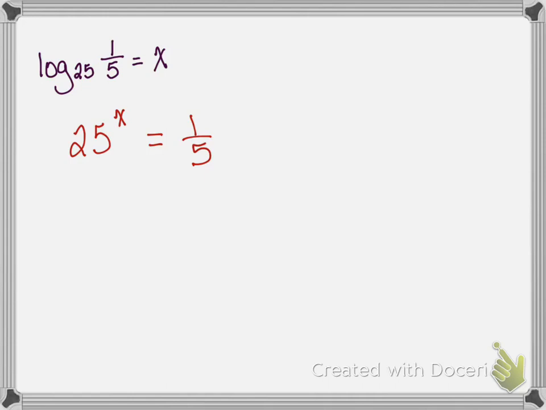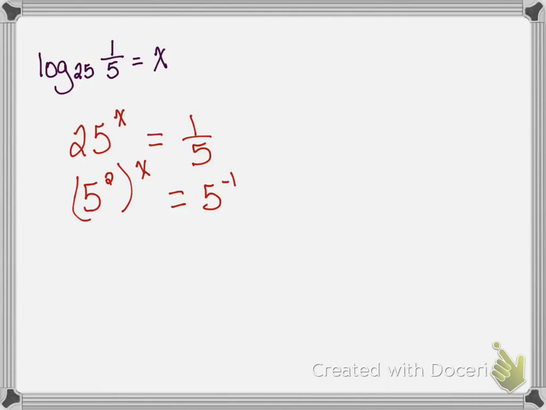Okay? Now, what I'm going to do first here is I'm going to take 25 and rewrite that as 5 squared. And 5 squared is raised to what power? X. Okay? Can I rewrite 1/5 as 5 to the negative 1 power? Yes, I can. 5 to the second power raised to the x power means I have to multiply that 2 and that x.